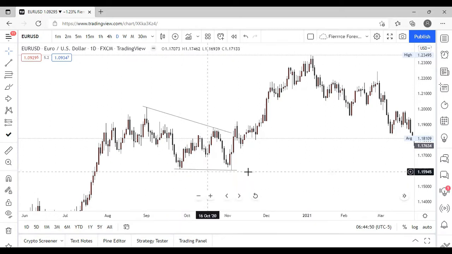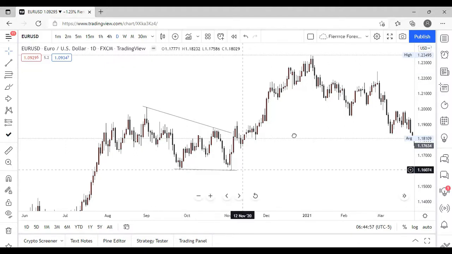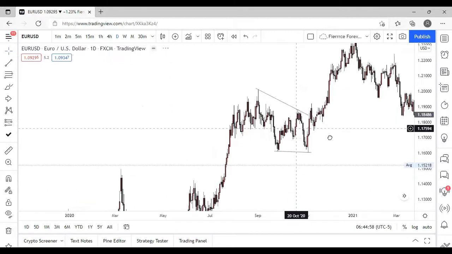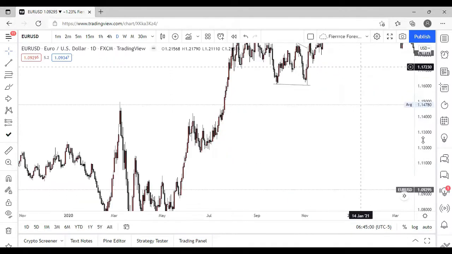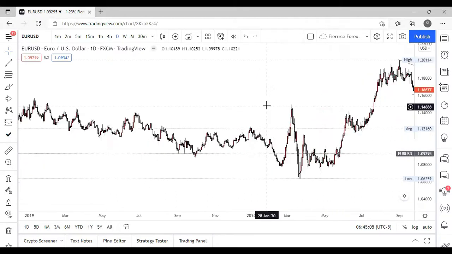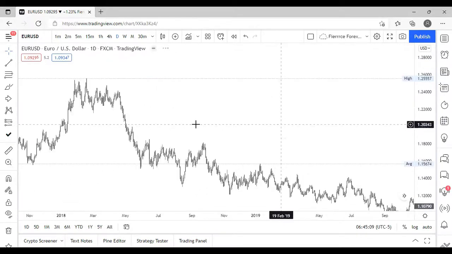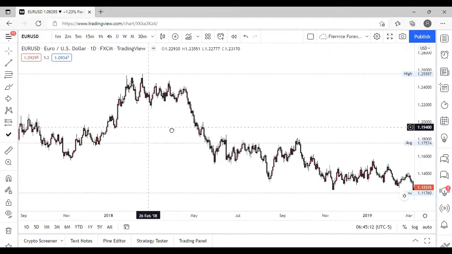It's more headed down. And then we pushed up. I'm trying to look for obvious triangle patterns so that we can see what is happening.